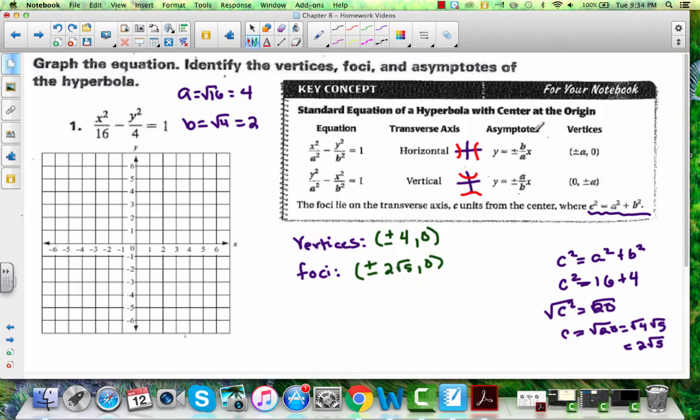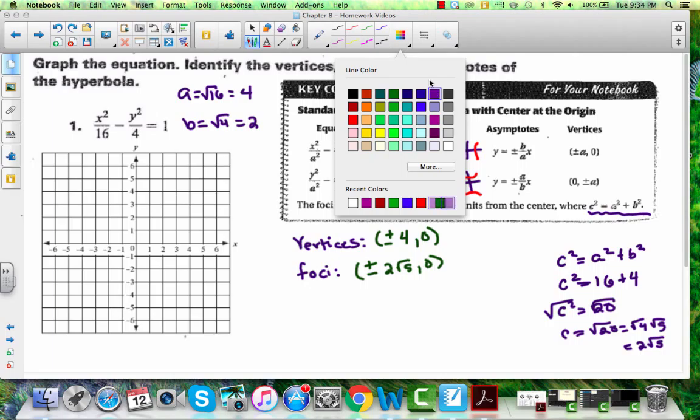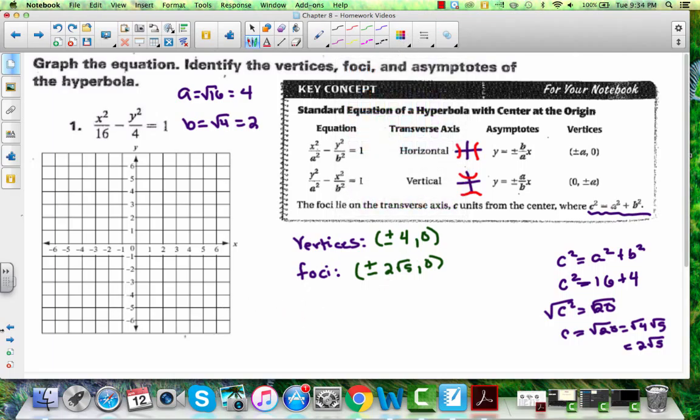Finally, I want to identify my asymptotes. The asymptotes are the lines which the hyperbola will get very close to, but not actually cross. To identify my asymptotes, I use the equation y equals plus or minus b over a x.